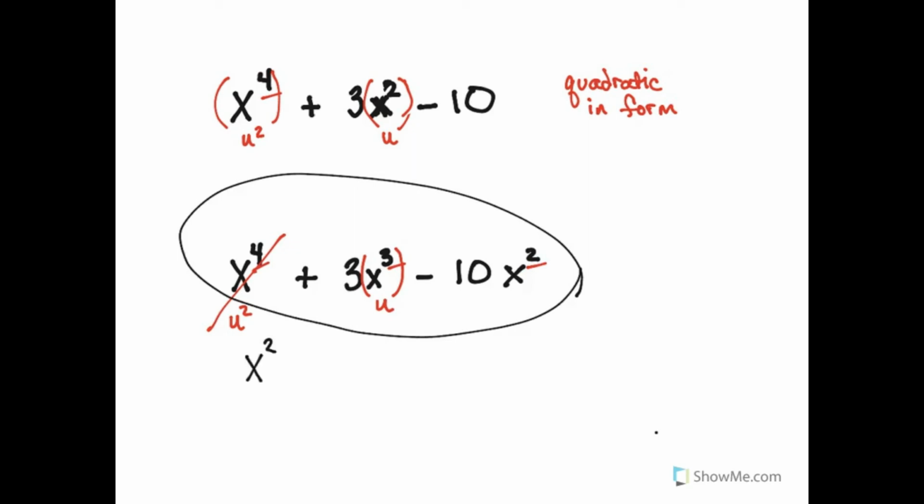Then we'll have x squared times x squared plus 3x minus 10. In other words, we'll have a regular quadratic in x. So be careful when you're looking for things quadratic in form. Be sure to check what u is and what u squared is, and make sure there's not something you can factor out of every term.